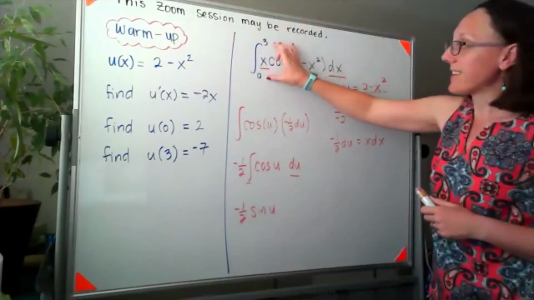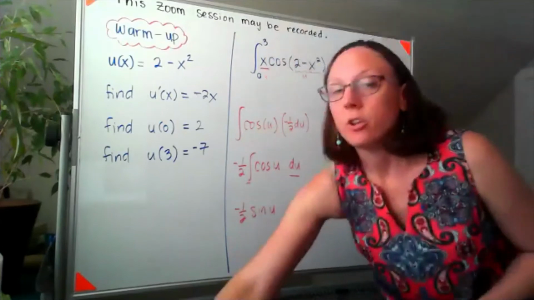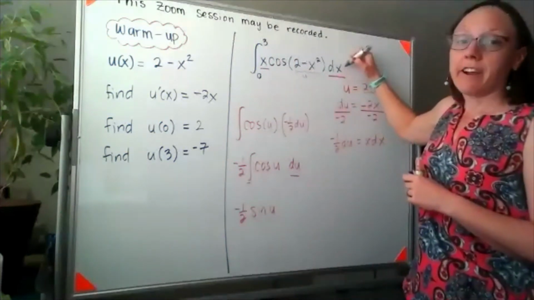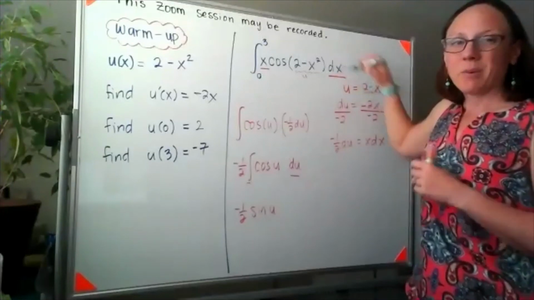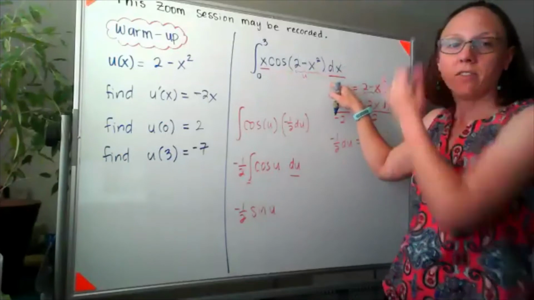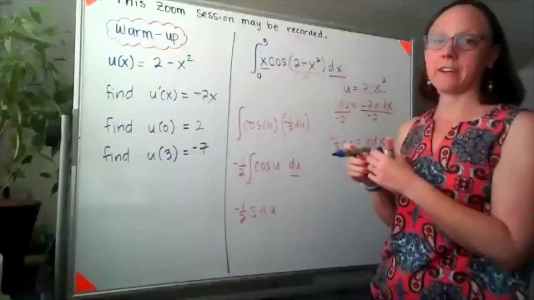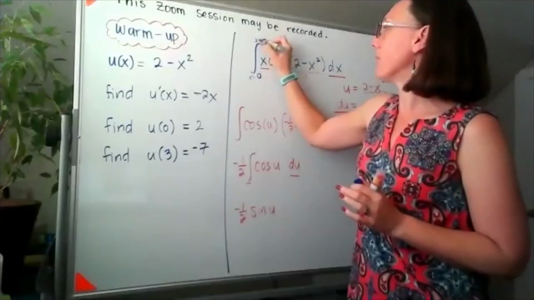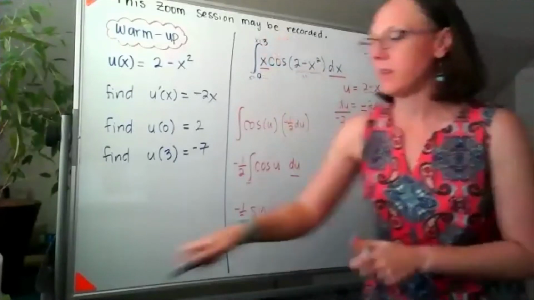So that 0 and that 3, those really represent what's happening with the variable that's on the dx. Because remember, this represents an area, and if that dx is the width, then that means that these two go with x values at the bounds. So this is x equals 0 to x equals 3.